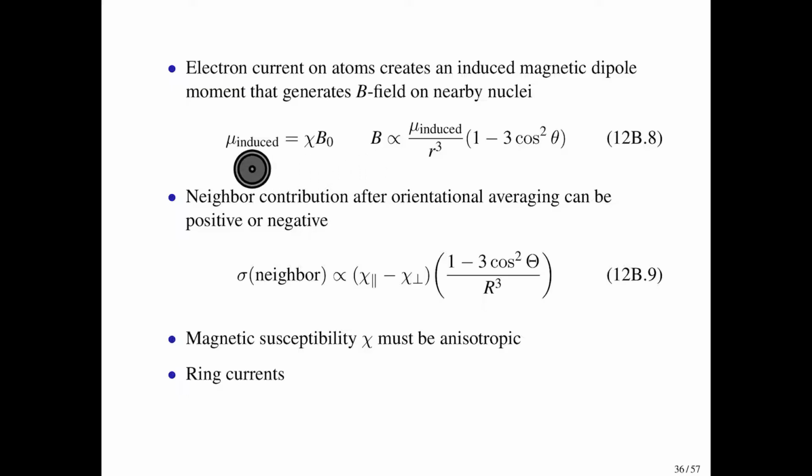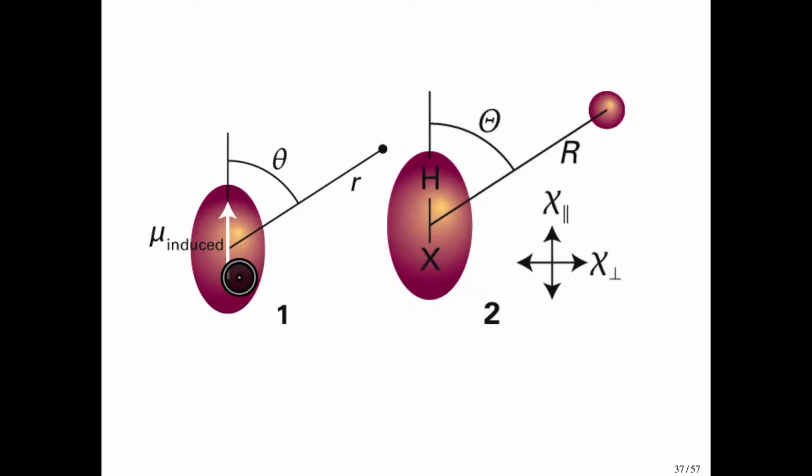And so that induced magnetic moment will in turn generate a local magnetic field on the nuclei of interest. And that induced magnetic field is related to the strength of the induced magnetic moment on the neighboring atom, and it's also related to the orientation of that magnetic moment relative to the nuclei of interest. And so that's depicted here in this figure. So this would be the neighboring atom, where the external magnetic field induces a magnetic moment on the atom.